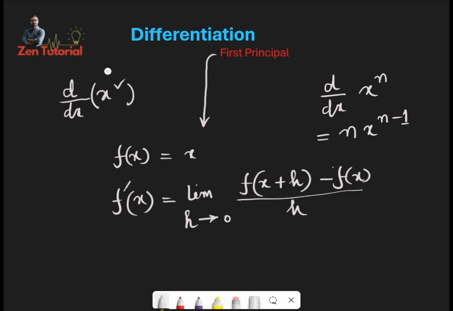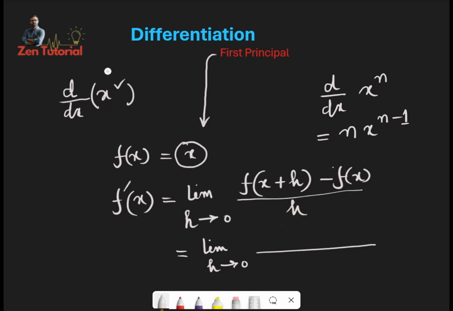So this is the whole rule we have to follow when we differentiate the function x. So what will be the final value? Let's try. h tends to 0, and what is f of x plus h?